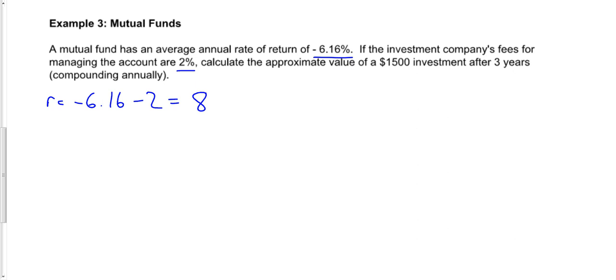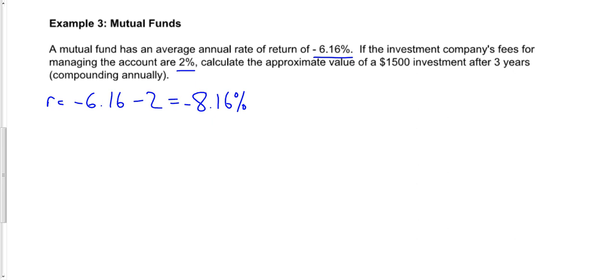So the total amount of money that we're actually losing per year is 8.16%. Okay, so we subtract the management fee from whatever it is you're earning. And so that might mean that you are losing even more money than what you're actually losing in the marketplace.